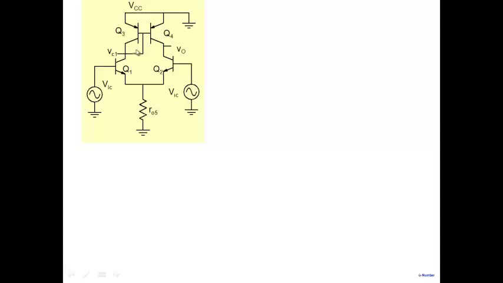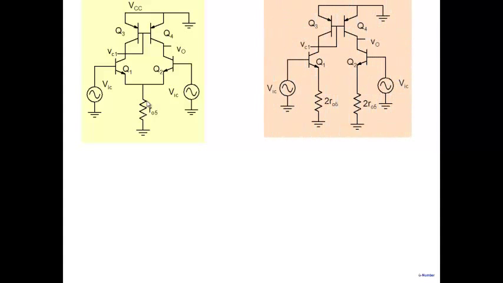So V0 is not going to be the same as VC1. But if we look below this point, we see the same voltage being applied to the base. We see transistors Q1 and Q2 identical, and R05 here. So although it's not strictly justified, we go ahead and make the assumption that one can still split R05 into two parts and assume that the same current flows in these two transistors.